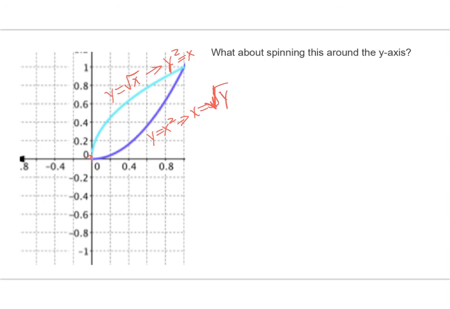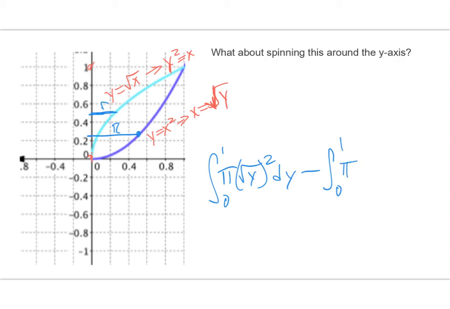We're still going from 0 to 1, but now we've got to think about this as the top one is the little radius, the bottom one is our big radius. So the integral from 0 to 1, and we said that the bottom one was the square root of y. So pi square roots of y squared, that's my pi r squared, dy, minus the small radius, 0 to 1, pi y squared dy. And that's it.